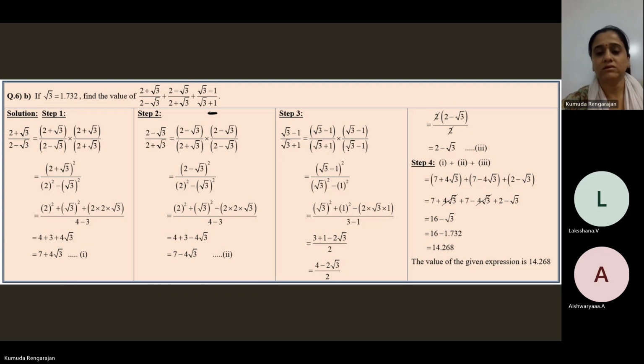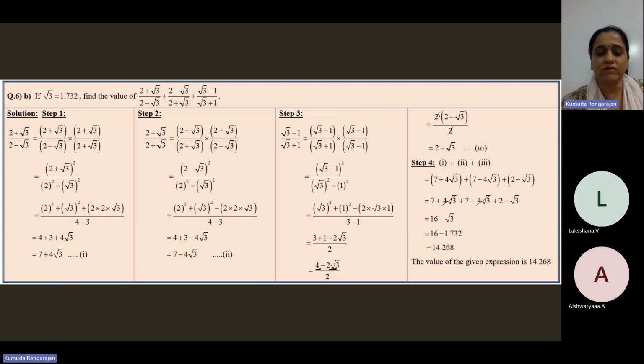Now this one, multiply and divide by the conjugate, root 3 minus 1. Then this is root 3 minus 1 the whole square. This one is root 3 the whole square minus 1 the whole square. So a square plus b square minus 2ab by 3 minus 1, which is 2. So the numerator we have 4 minus 2 root 3, over 2. 2 is common.